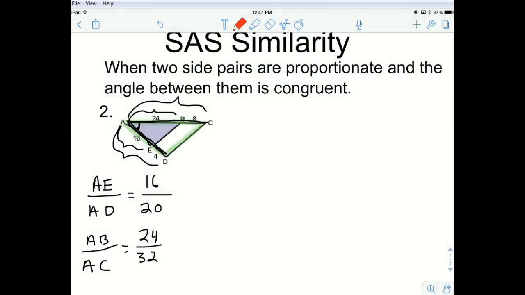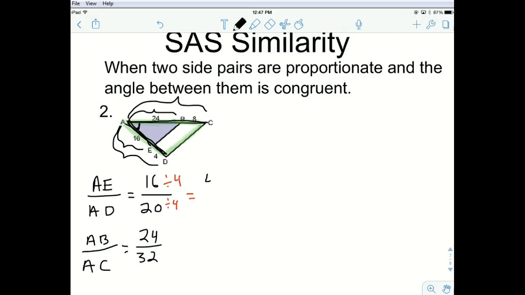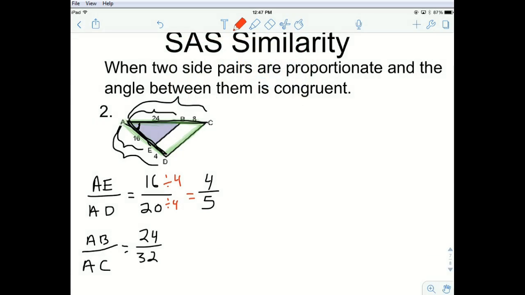Divide top and bottom by 4 here, and I'll get 4 over 5. And over on this side, I can divide top and bottom by 8.